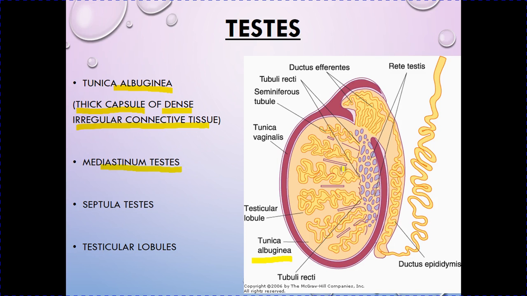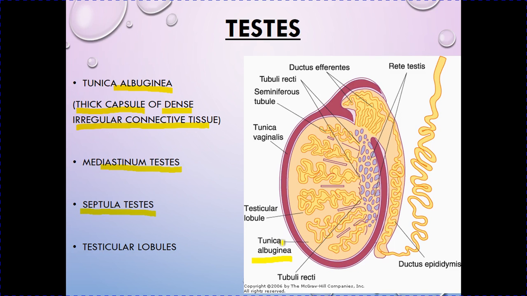So this is the region which is called the mediastinum testis. From the mediastinum testis, thin and incomplete connective tissue septa radiate to reach the capsule. These septa are called septula testis.